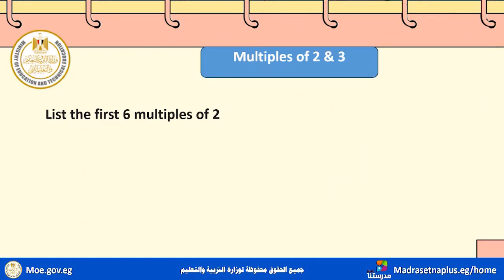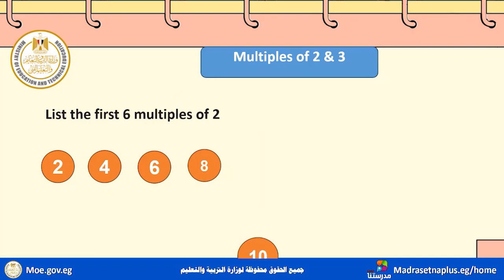Let me help you to get the first multiples of 2 by using the 120 chart. Start with 2. So the first multiple of 2 is 2. Next, or second multiple of 2, is 4. Can you tell me the third multiple? Yes, 6. What about the fourth multiple? 8. That's good. What about the fifth one?